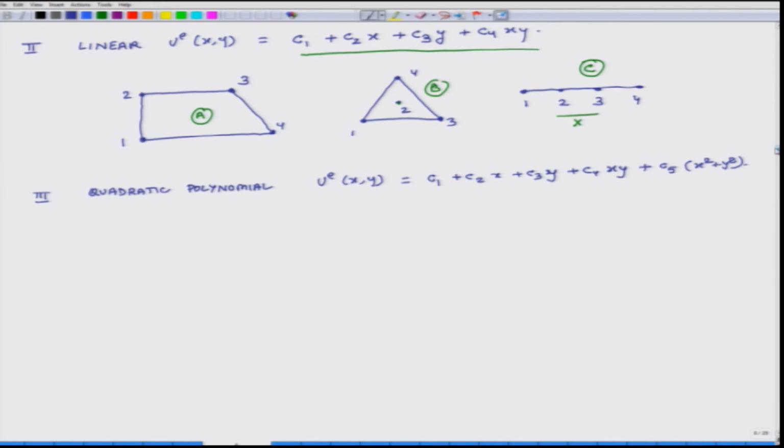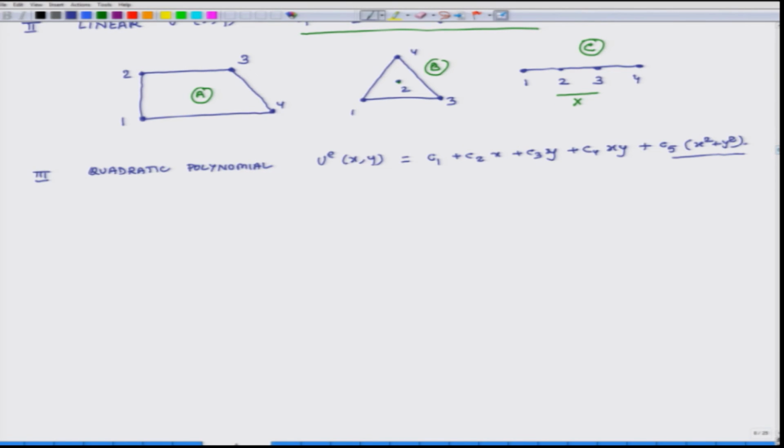So, this is a quadratic polynomial, but we are seeing that the weight on x square and y square is the same. So, we have violated our own condition that these weights should be independent of each other, right.